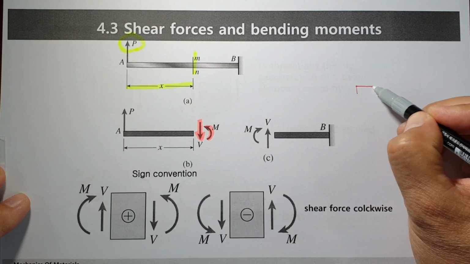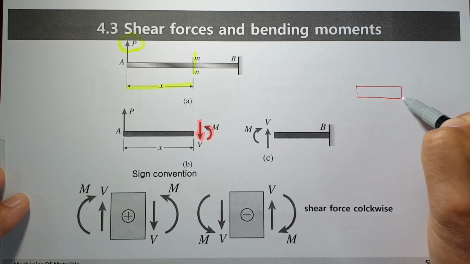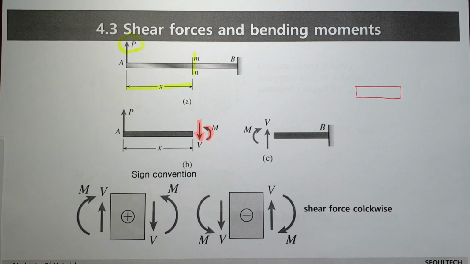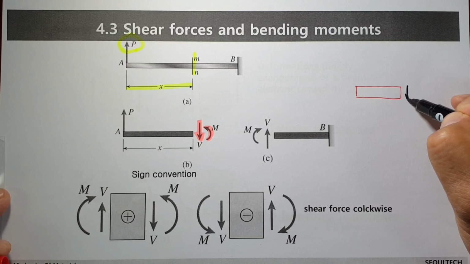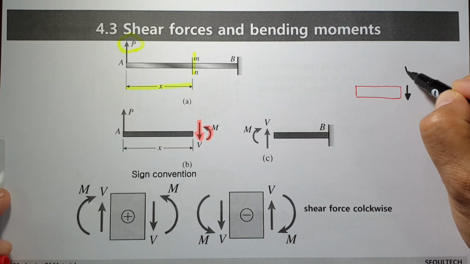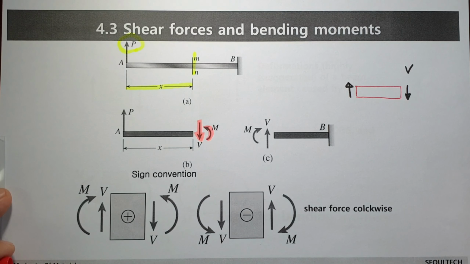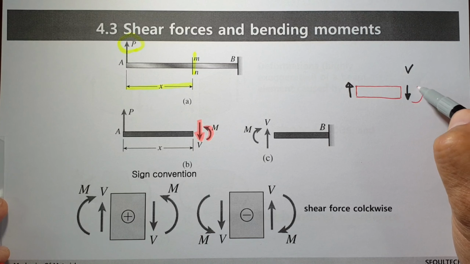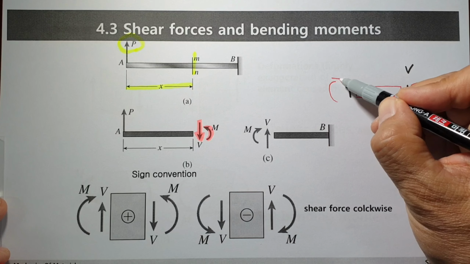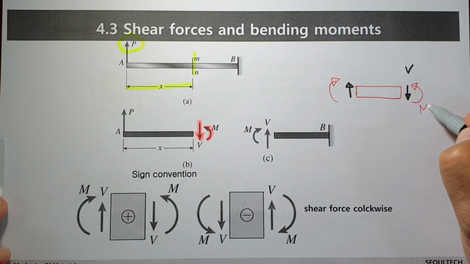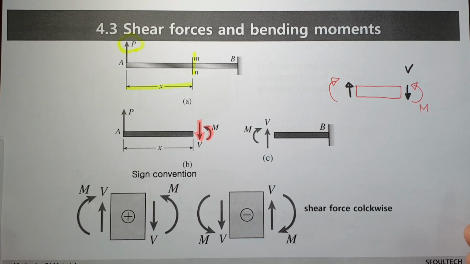When you consider an element like this one and separate it, on the right side, the downward direction of V is positive, and on the left side, the upper direction is positive. For bending moment, this direction, and this direction on the left side, is positive. That's just an agreement.